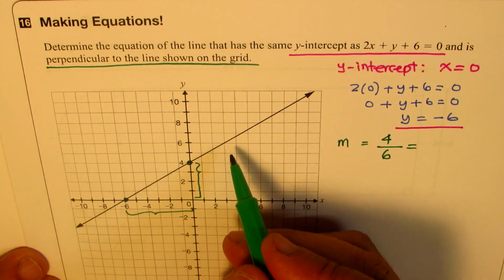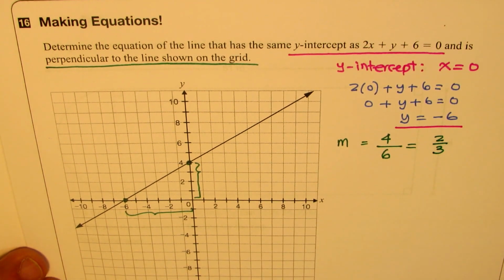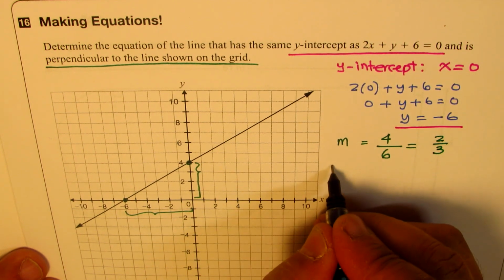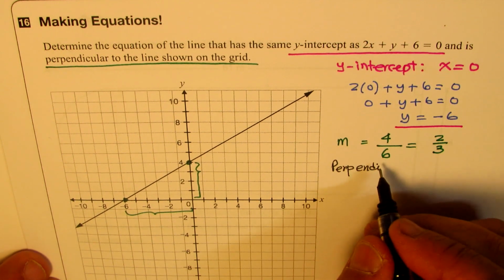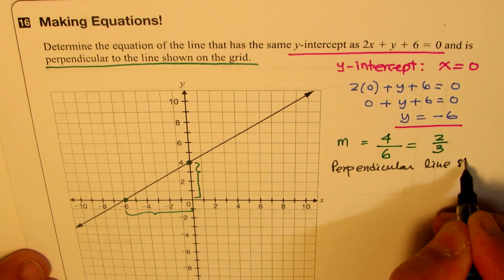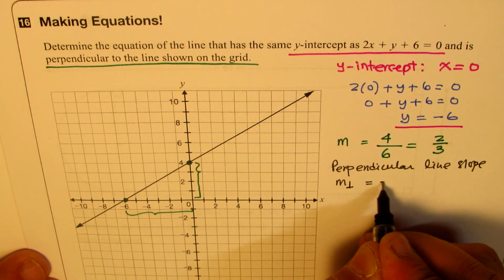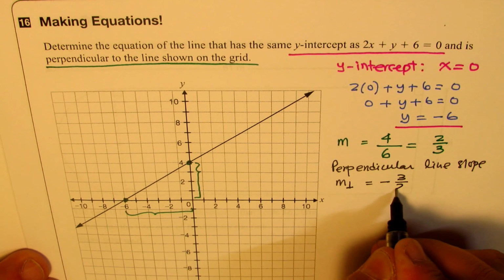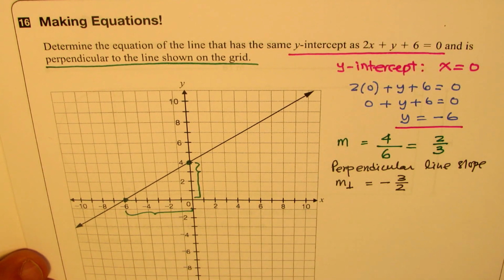It makes sense. It is rising. It has to be positive 2 over 3, right? Now, what is the slope of perpendicular line? Negative reciprocal, right? So m perpendicular will be negative 3 over 2. Perfect.